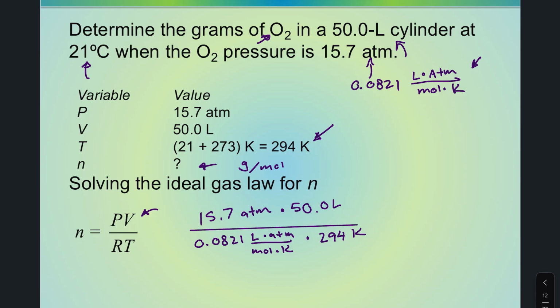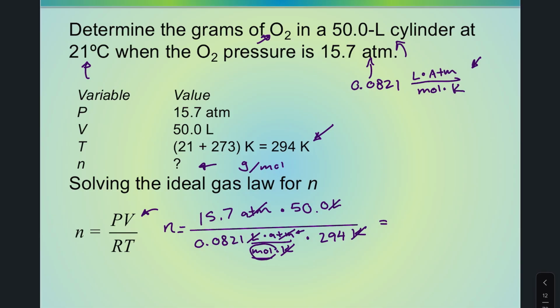Just to show you exactly how this works, it'll work out every single time that you do it. We want to try to find n. Let's start by canceling out Kelvin, which leaves moles by itself. Atmospheres are on the top of the equation, so atmospheres can cancel out here. Liters are on the top as well, so liters will cancel out here.